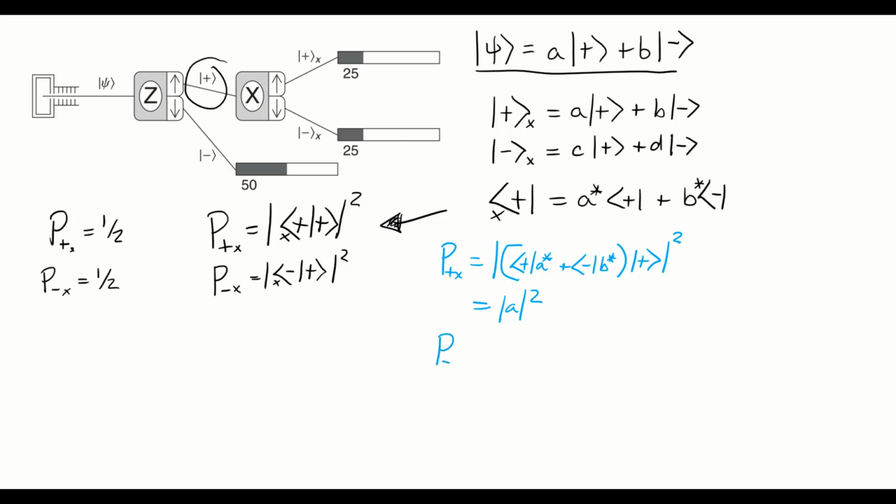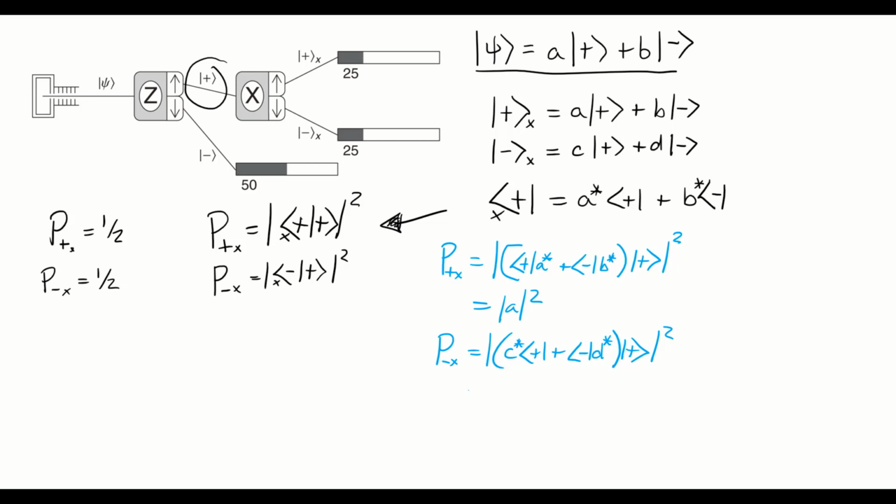Likewise, if I wanted to look at the spin down state, I'm going to end up with this. I'm being kind of inconsistent here with the side that I'm putting my coefficients on. Again, these are just complex numbers, so you can put them on either side.